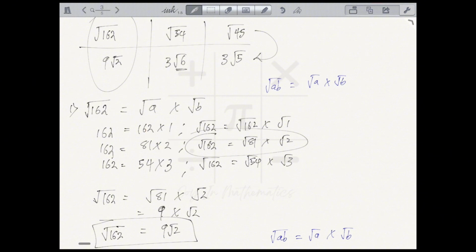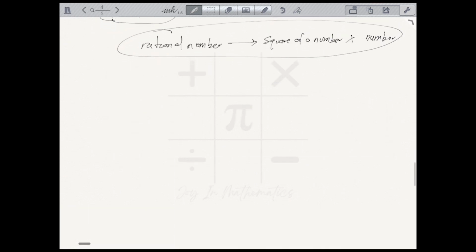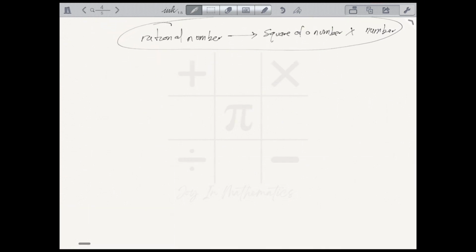Let's take 2 more examples on how to convert from single surd to basic form. Number 3. Now we have root 98. You can pause the video right now and try to do this on your own.